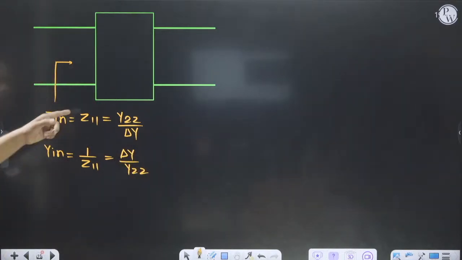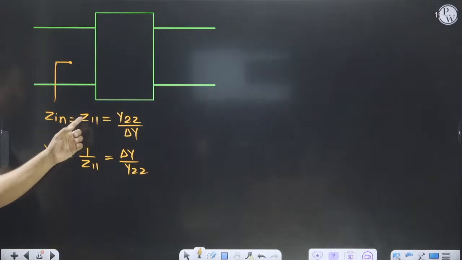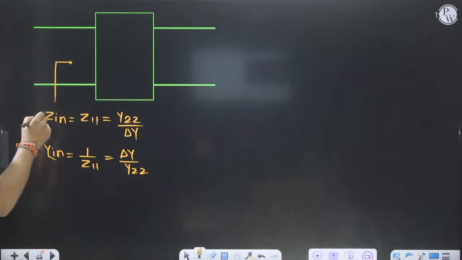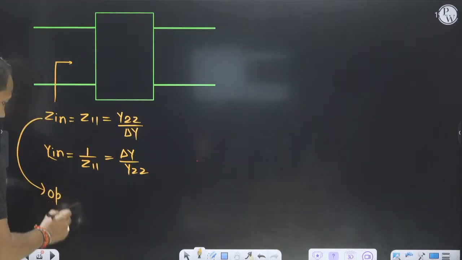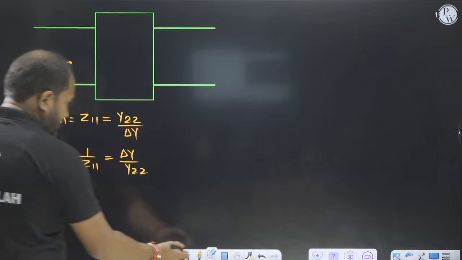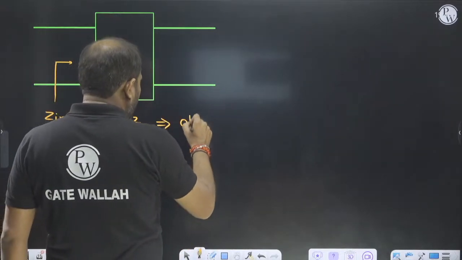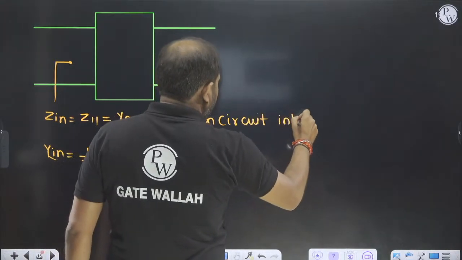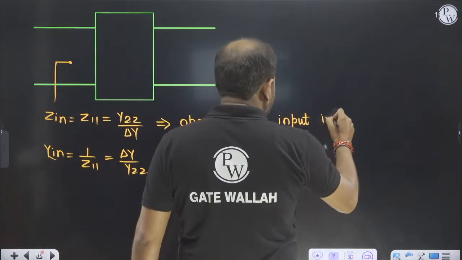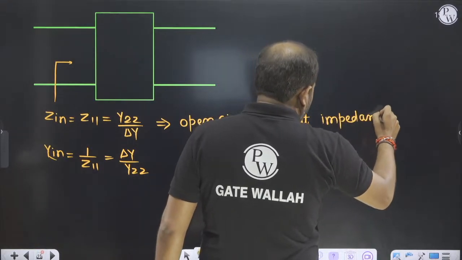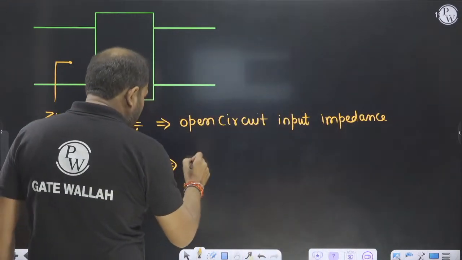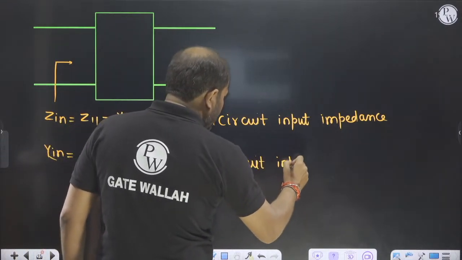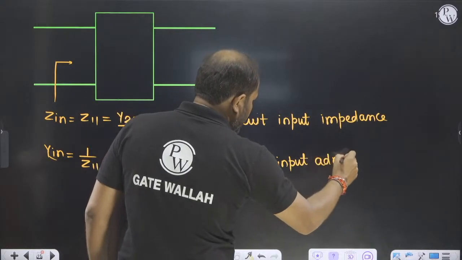So this is open circuit input impedance, and this is open circuit input admittance. Okay.